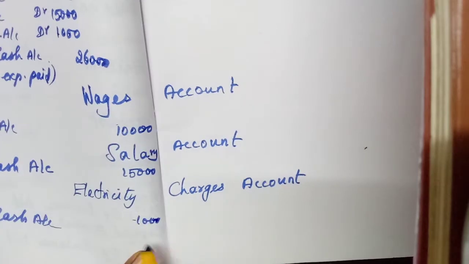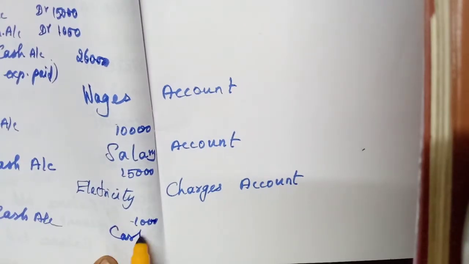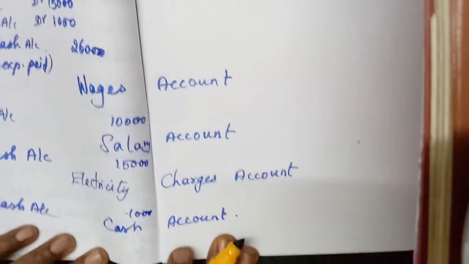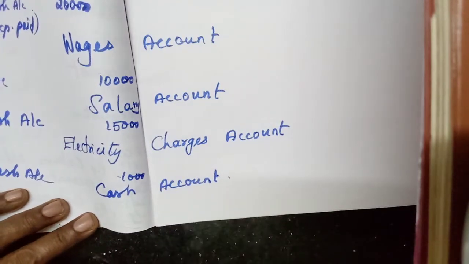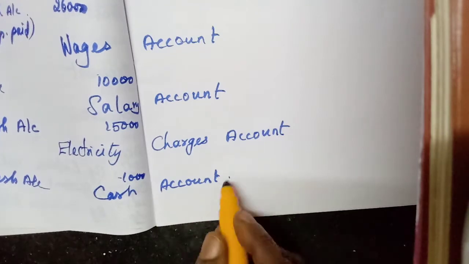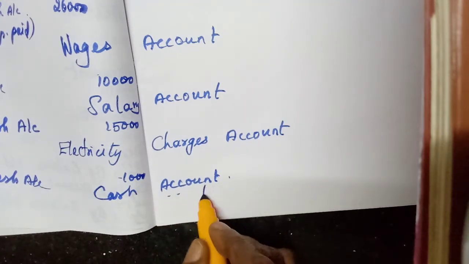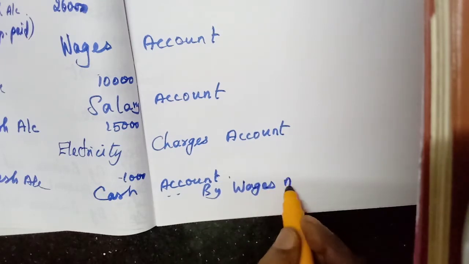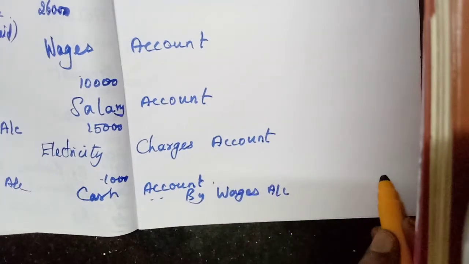Now cash account. Cash account is credited, so the credit side we should post. Date, then by wages account, you should write the amount, 10,000.